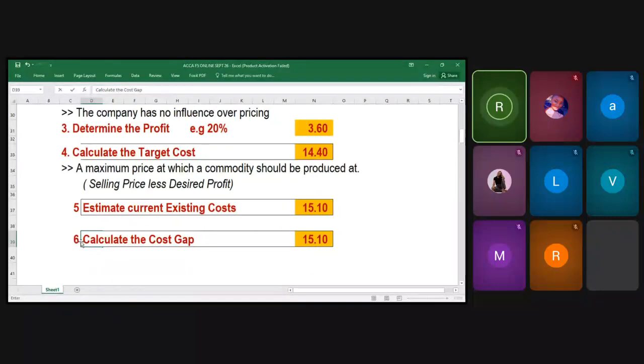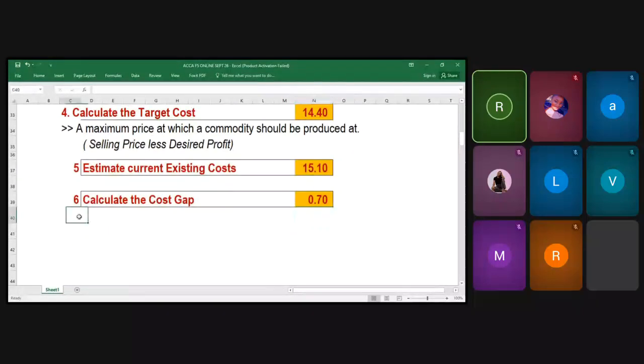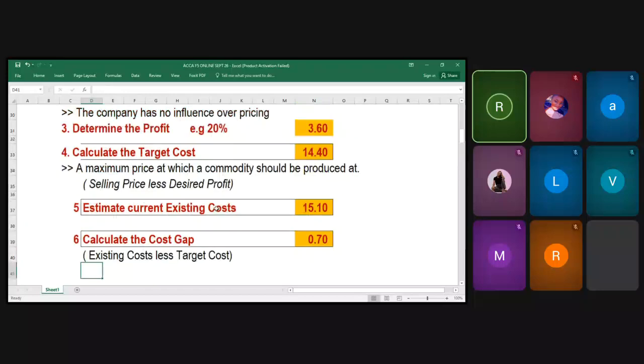Our cost gap is the difference between existing costs and the cost that we are targeting. We have a cost gap of 70 cents per item. So the formula here is existing costs less target cost. So we have to quantify this.